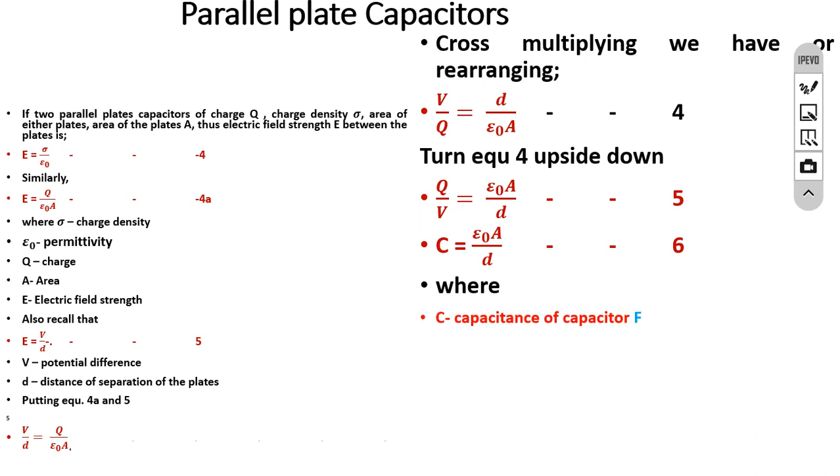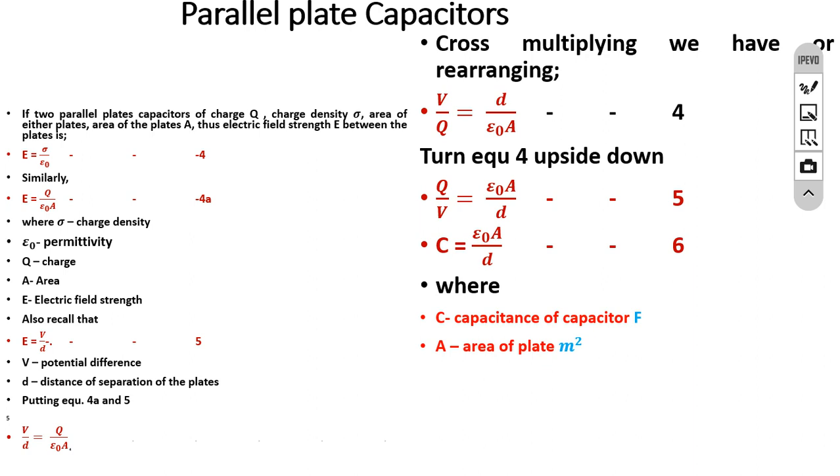Where C is the capacitance in farad, A is the area of the plate in meters square. In case the area is given in centimeter, always know that it has to be converted to meters. So always look at the unit. If the unit is in centimeter in this case, then you have to convert it to meter square.